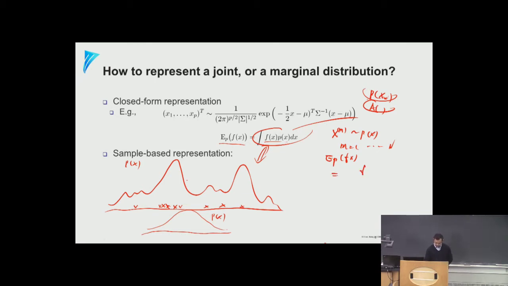You can just plug the x right into the equation, sum over it, and divide by N, right? So in a sense, your original distribution P is now expressed as a set of samples. Okay, that's just a very simple idea, very intuitive.